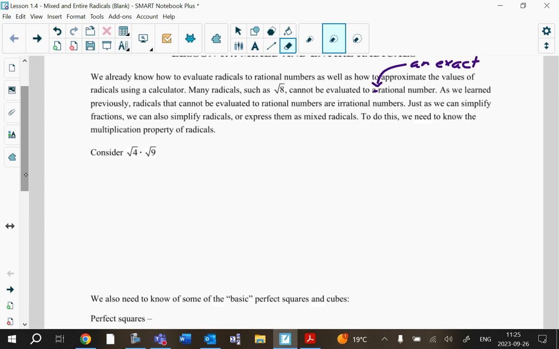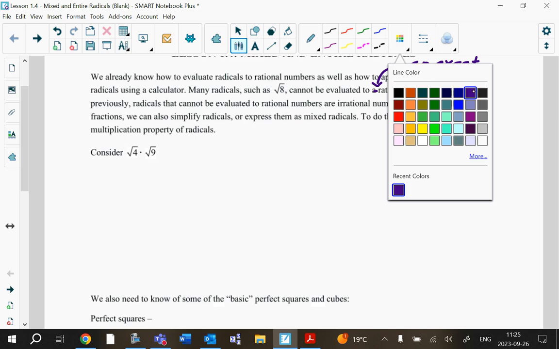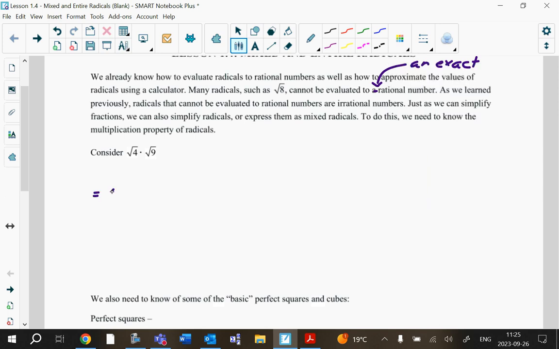What's the square root of 4 times the square root of 9? 6. Why? So the square root of 4 is 2, the square root of 9 is 3, and 2 times 3 is 6. Or you could have done it this way.